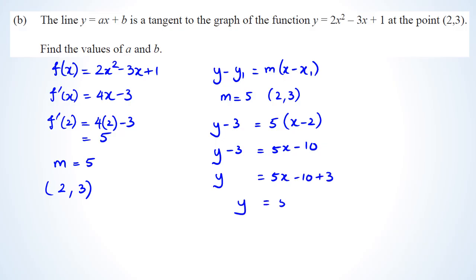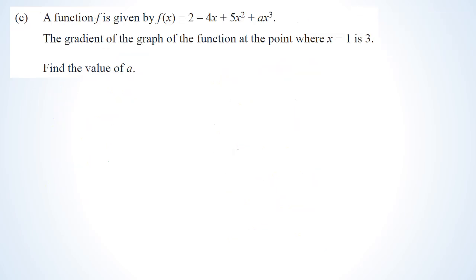Therefore, y is equal to 5x minus 7. So from here, we can say that the a value is equal to 5 and the b value equals minus 7. And folks, that's going to get you a merit. Getting to the gradient of 5 will get you an achieved. Okay, question 2C.